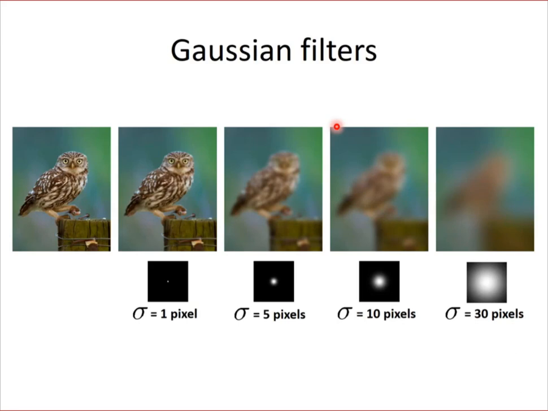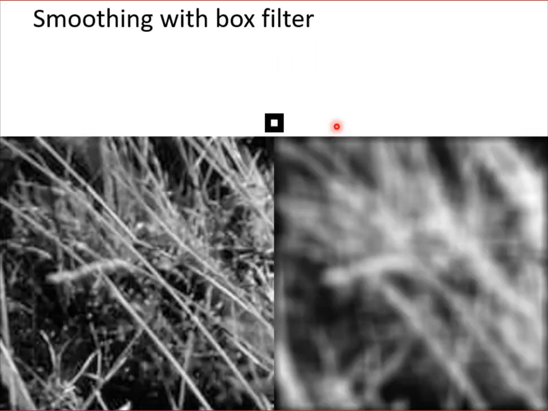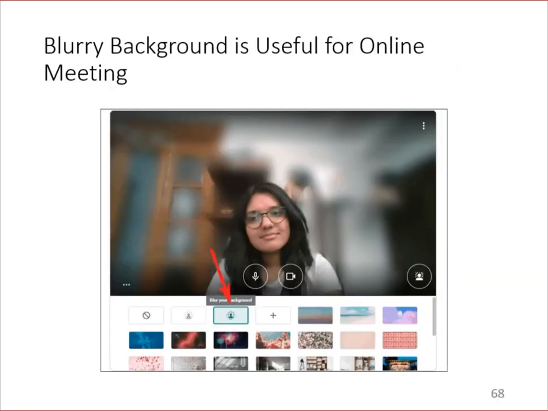So let's go back to this image. If you want to know an application for it, this is the application of applying a Gaussian filter to the background. So we need to decide how large the kernel should be, right?